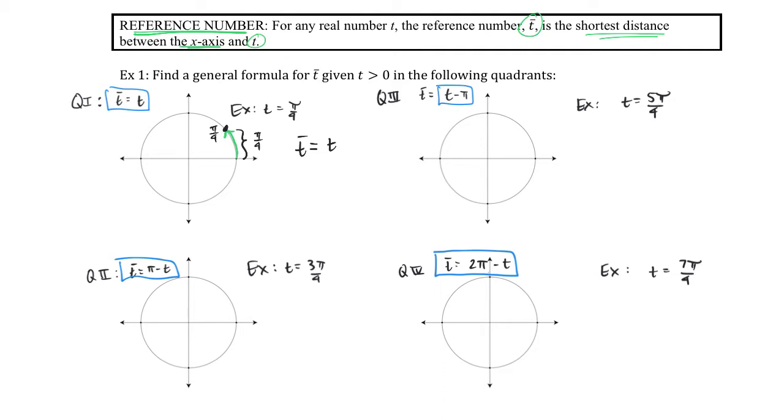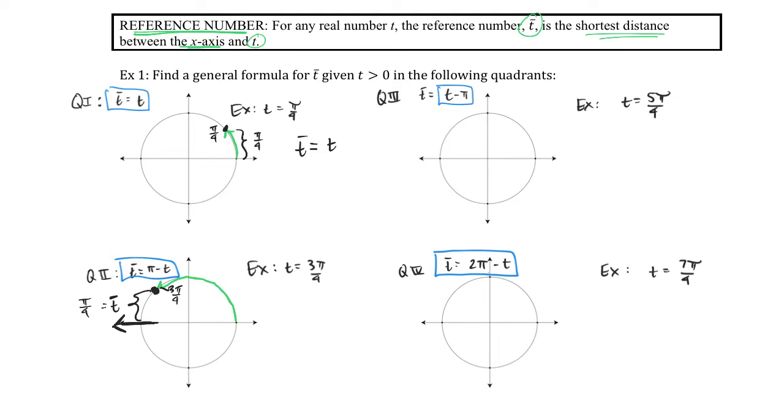Let me get into one that's a tiny bit more interesting. Let's say our t is getting us to quadrant 2. There we are at 3 pi over 4. The shortest distance between where we are and the x-axis, that's always where we're trying to find that shortest distance, is pi over 4.